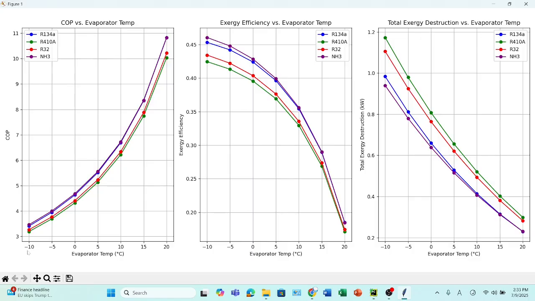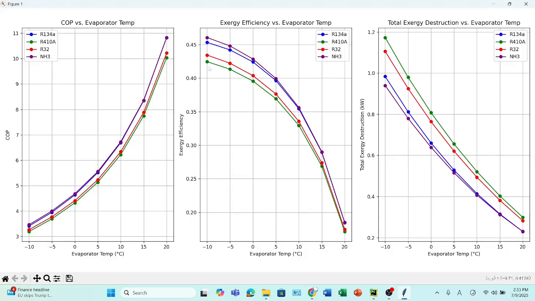Here you can see the COP is increasing as the evaporator temperature is increasing, and it should increase because as the evaporator temperature increases, the temperature lift decreases, which increases the COP.